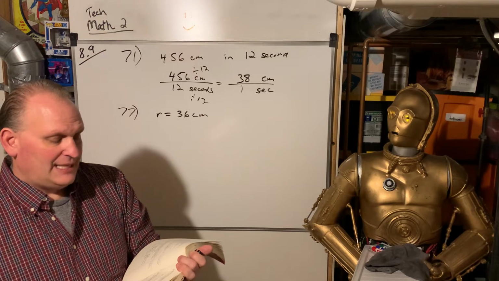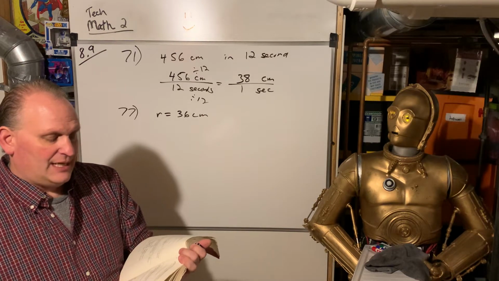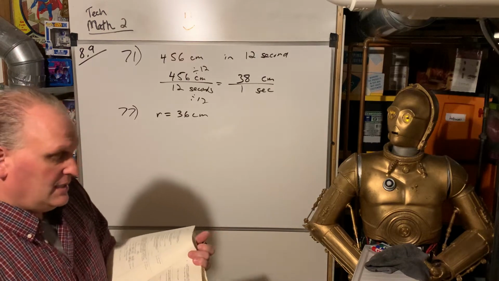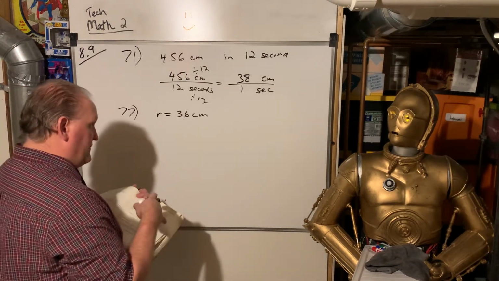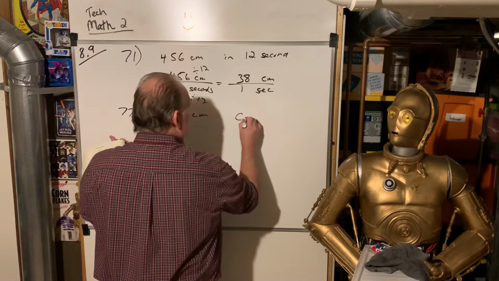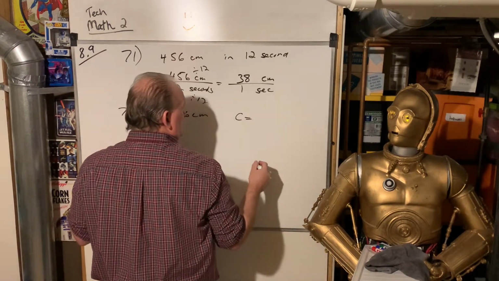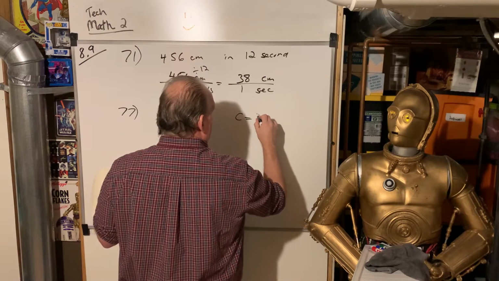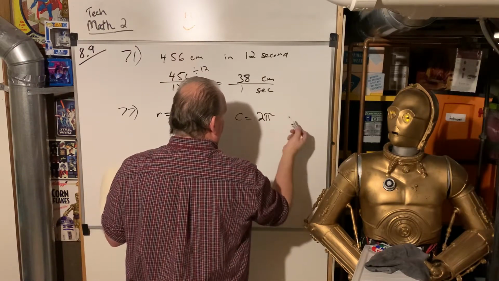We want to find the linear velocity of the point on its circumference. So that means we have to figure out the circumference first. Remember, circumference is equal to 2 pi r, right? Or pi times diameter.